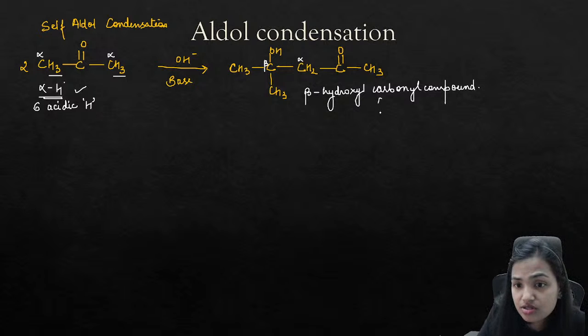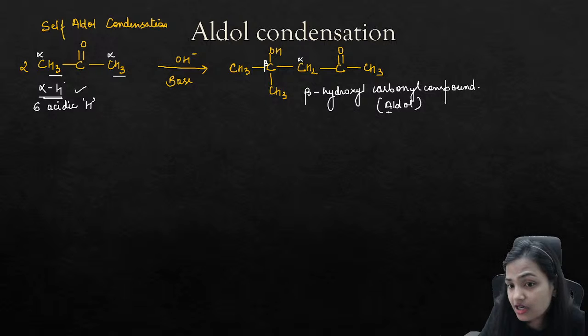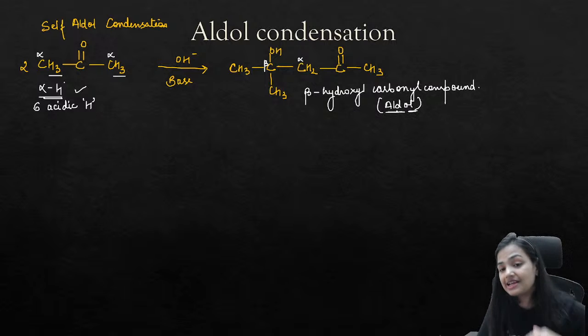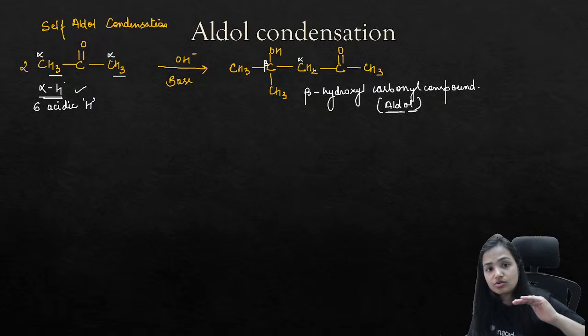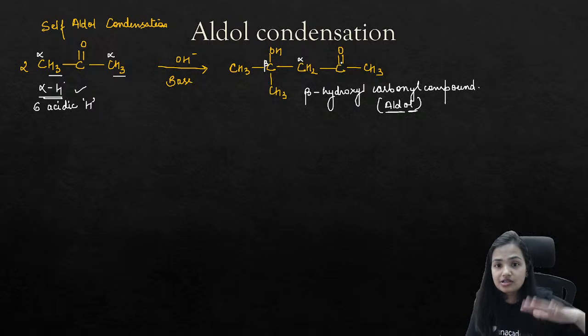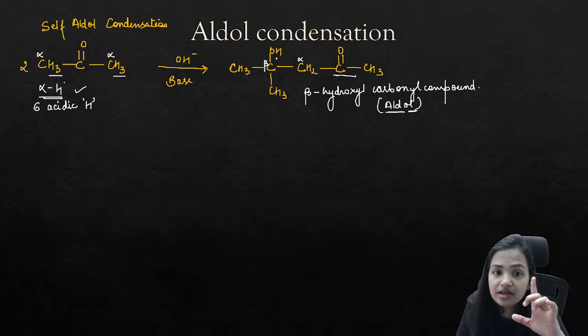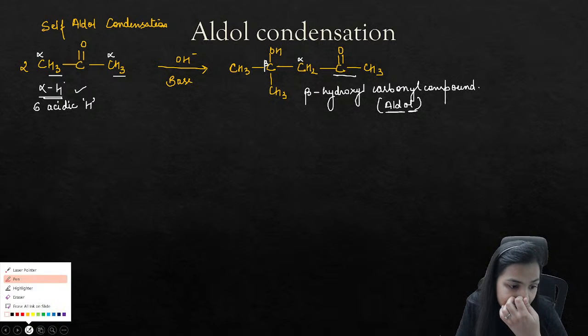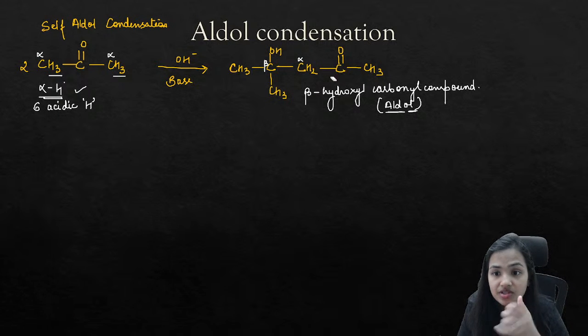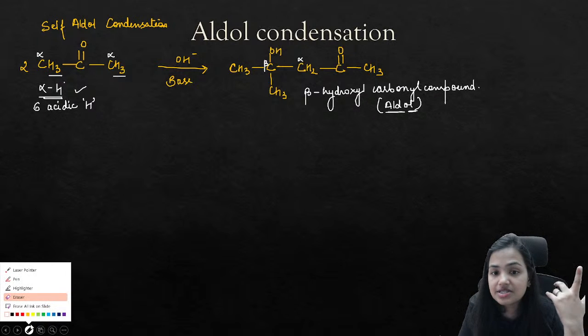So this is also known as aldol. Why aldol? Aldol means aldehyde or ketone, and OH is for the alcohol. So ultimately if we are getting these two functional groups, one is the aldehyde or ketone and the other is the alcohol, we can say that this is the aldol. So aldol is basically a beta hydroxyl carbonyl compound.